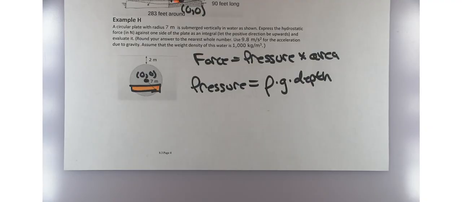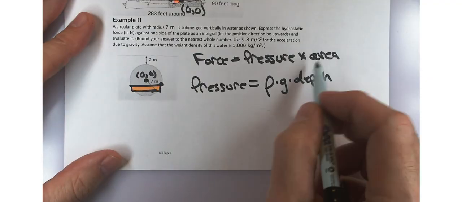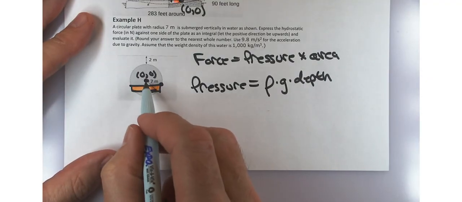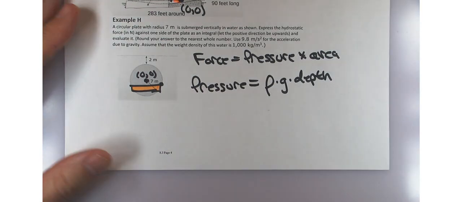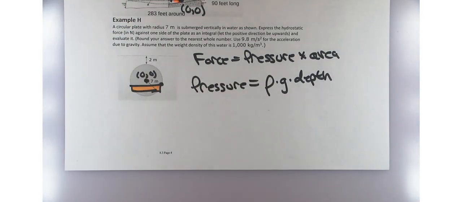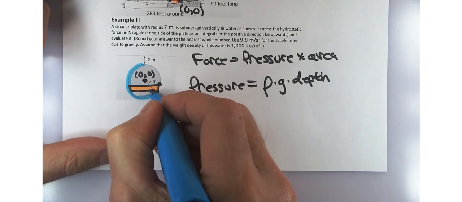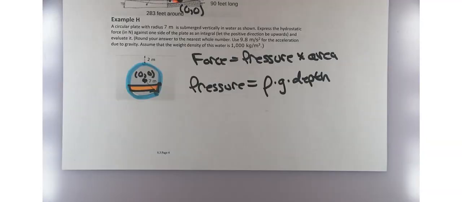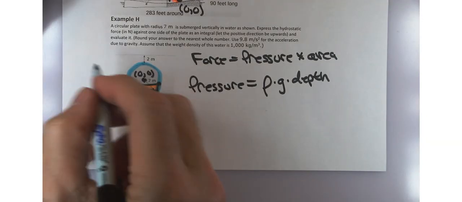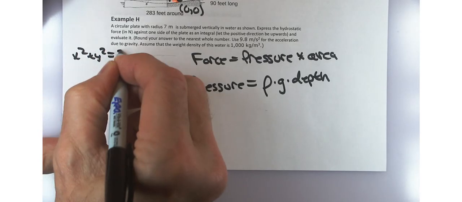So let's work on a few things here. The biggest thing that we're going to have to struggle with is finding the area here. Now, if this is my center at 0, 0, what's the equation for a circle of radius 7 centered at the origin? So this equation is going to be x squared plus y squared equals 7 squared, or 49.